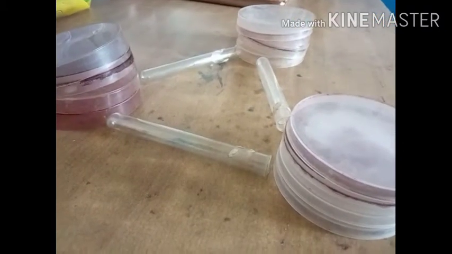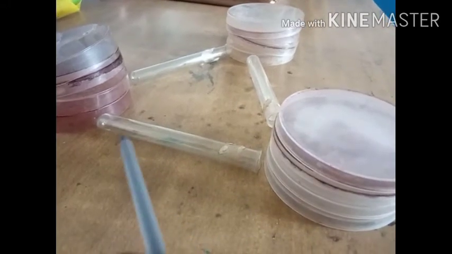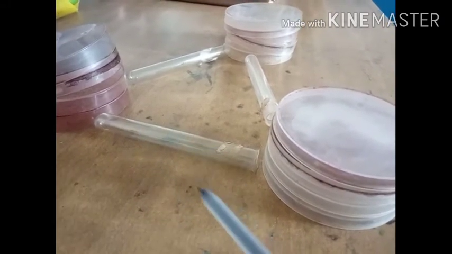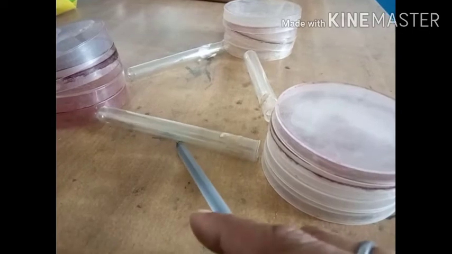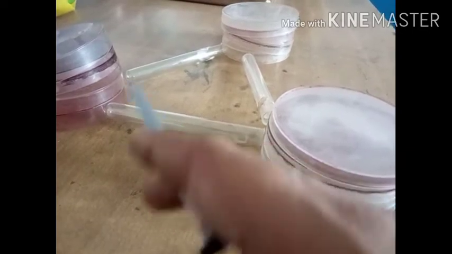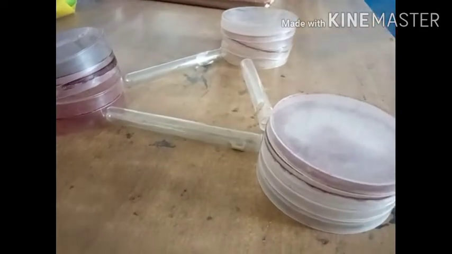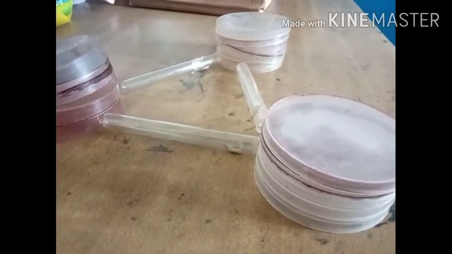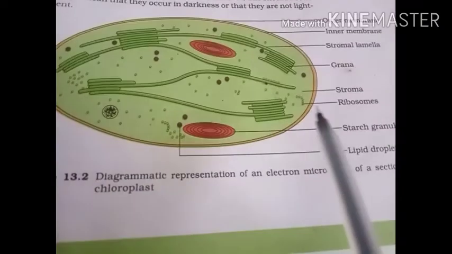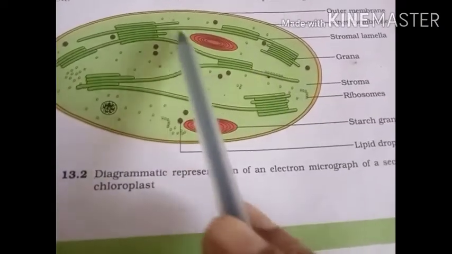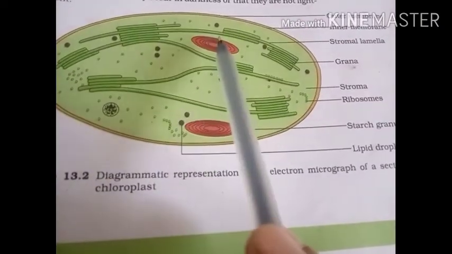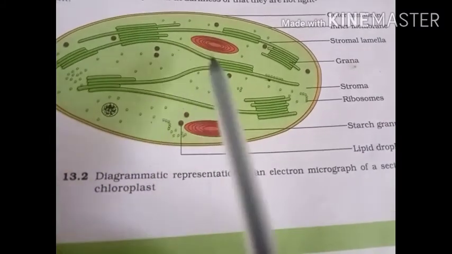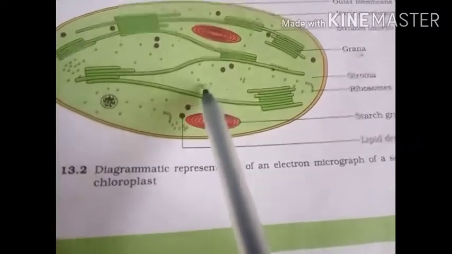They are placed and also interconnected through a membranous structure which is called stroma lamellae. So the grana are interconnected through the stroma lamellae, which is present within the matrix called the stroma.